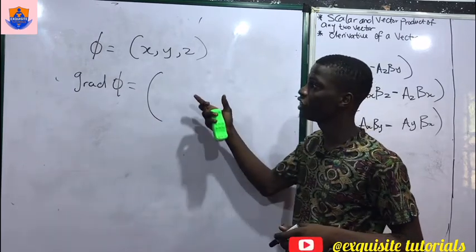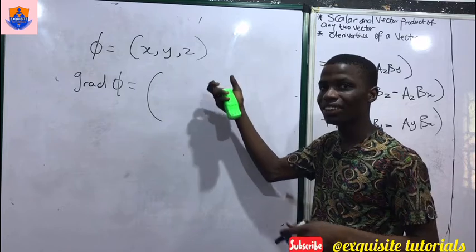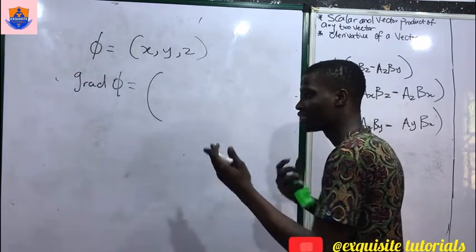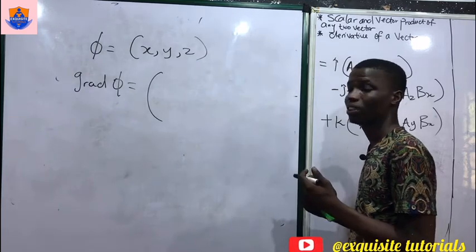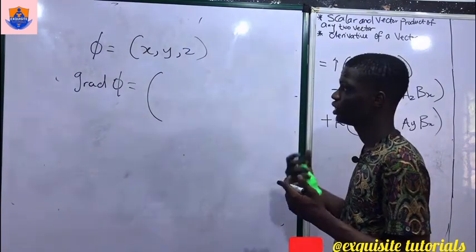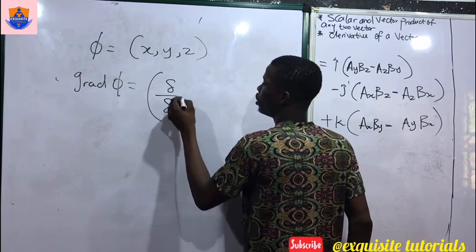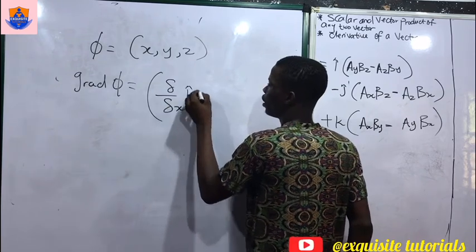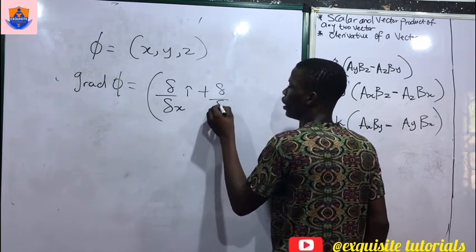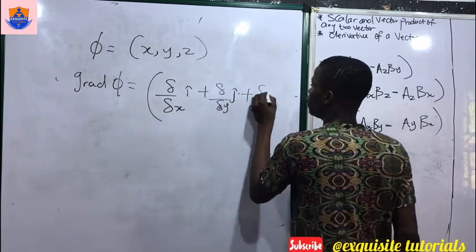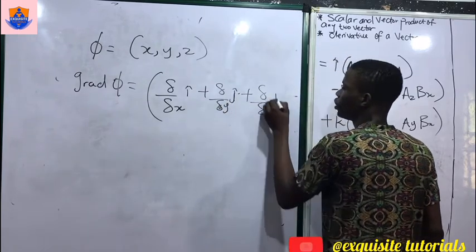We will be differentiating x, y, and z implicitly, that is towards the axis where x is, towards the axis where y is, and towards the axis where z is. So the differential of the xi plus the differential of the yj plus the differential of the zk.